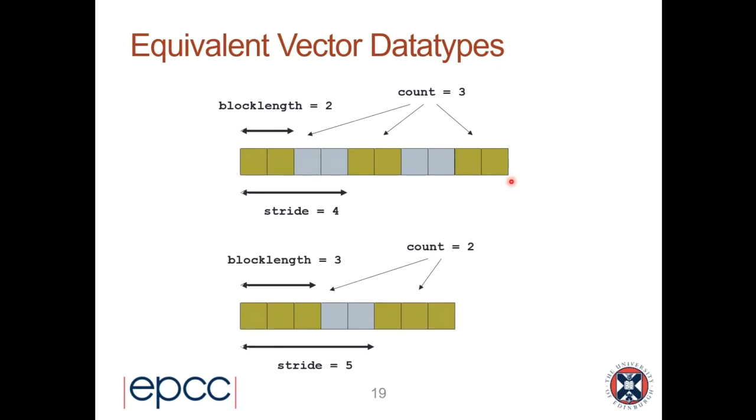So yeah, you can send multiple vectors, but annoyingly, if you send 2 vectors, there's no trailing gap here. So defining a vector with count equals 3, block length equals 2, stride equals 4, and sending 2 of them is not the same thing as defining a vector of count equals 6, block length equals 2, and stride equals 4, and sending 1 of them.